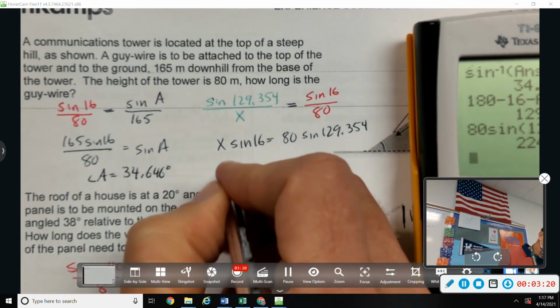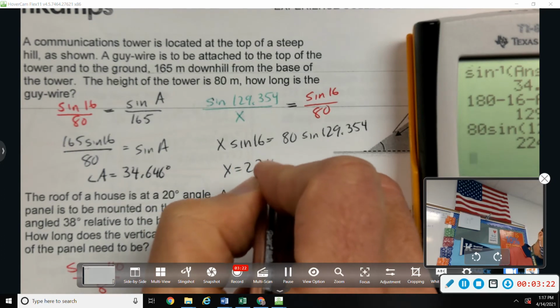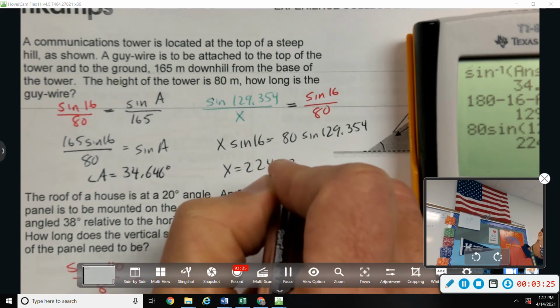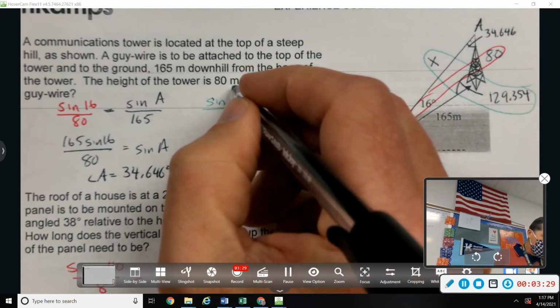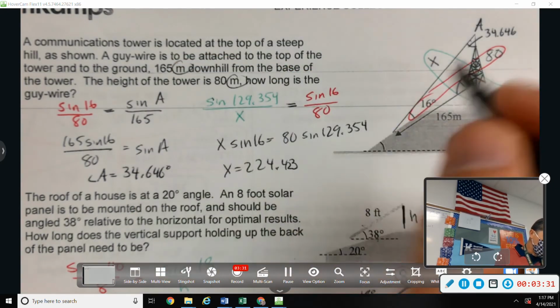And so x equals 224.423. Let's go with units here since this is a word problem. Everything's in meters, so meters.